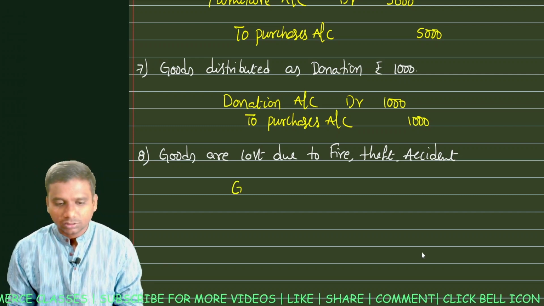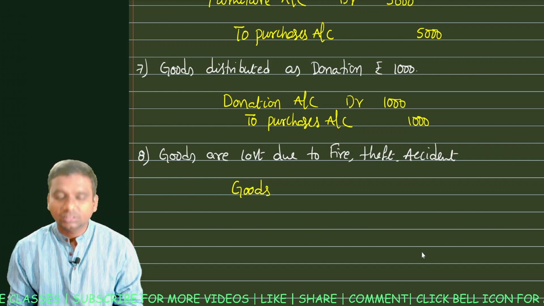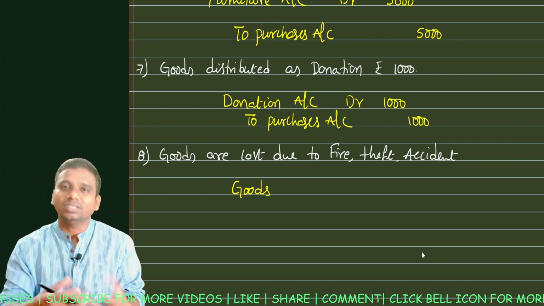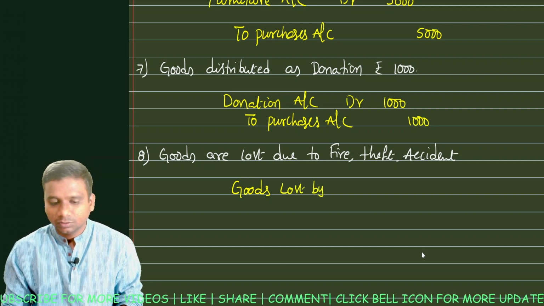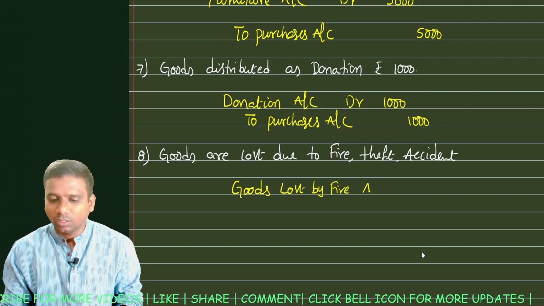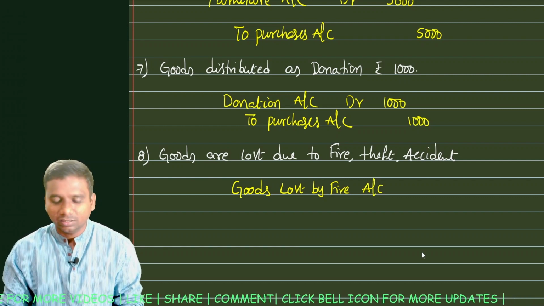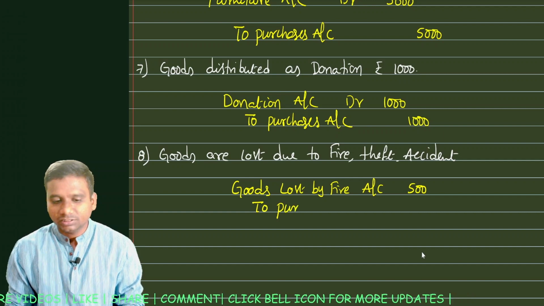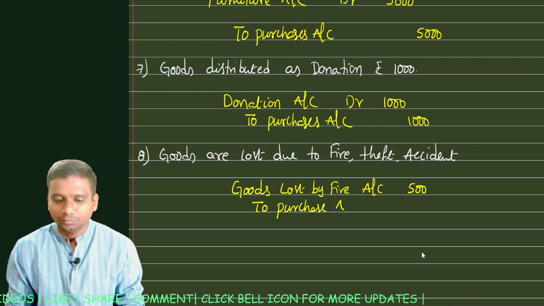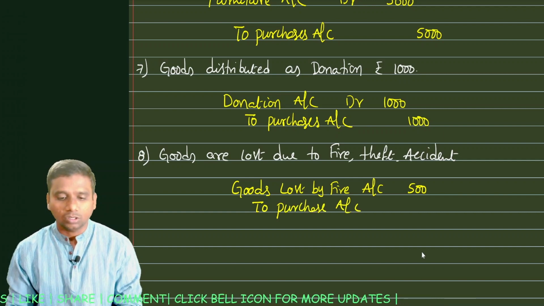See, goods lost account. Goods lost is a loss for us. Nominal account debit. All losses debit. Goods lost by fire, whatever the reason it may be, you can write debit. Let us assume 500. Our purchase cost gets decreased because this is abnormal loss.